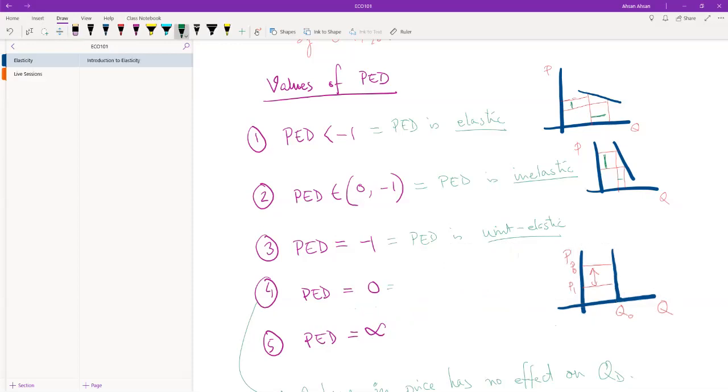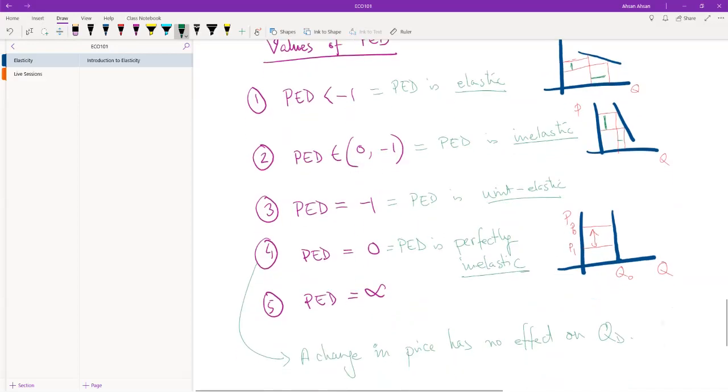Okay, so what we can say is that PED is perfectly inelastic. Okay, and this is also important, obviously. So when might we see this?